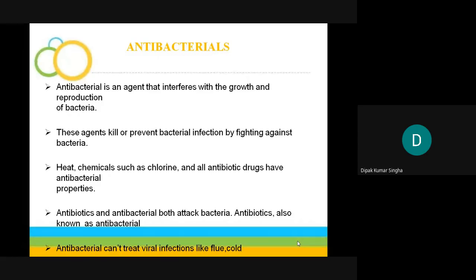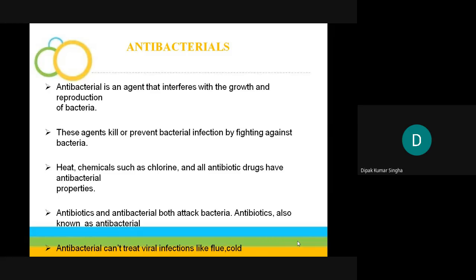Antibiotics and antibacterials both attack bacteria, and an antibiotic is also known as an antibacterial agent. That means an antibiotic acts as an antibacterial agent, but not all antibacterial agents are antibiotics.